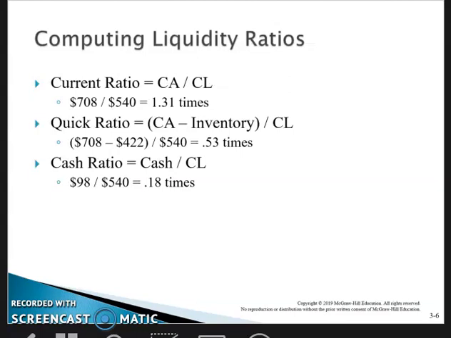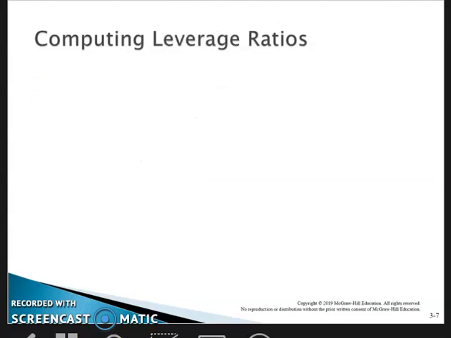So the company is utilizing its money elsewhere. But there is obviously some potential for default. We're going to start the next lecture calculating leverage ratios.